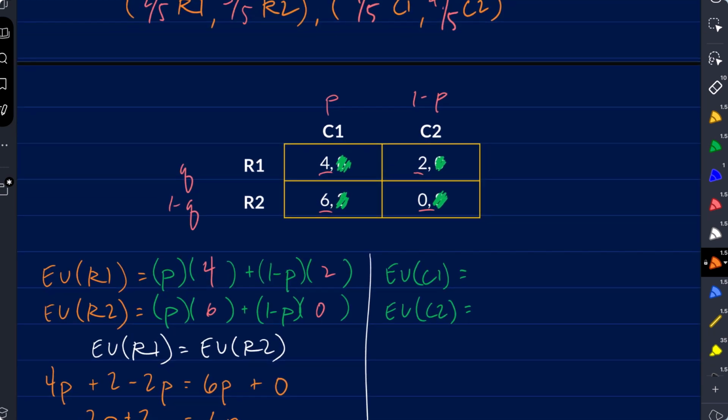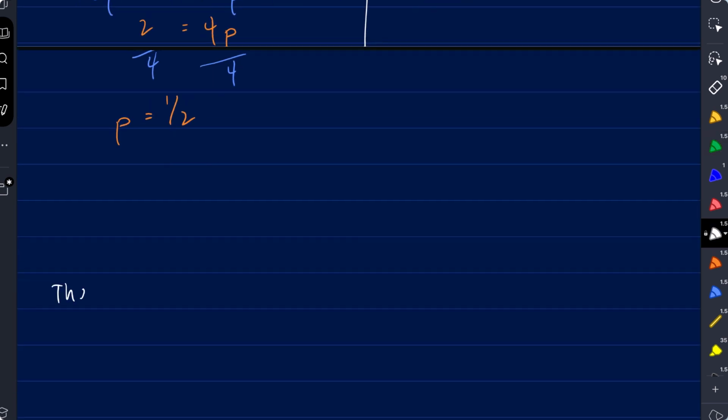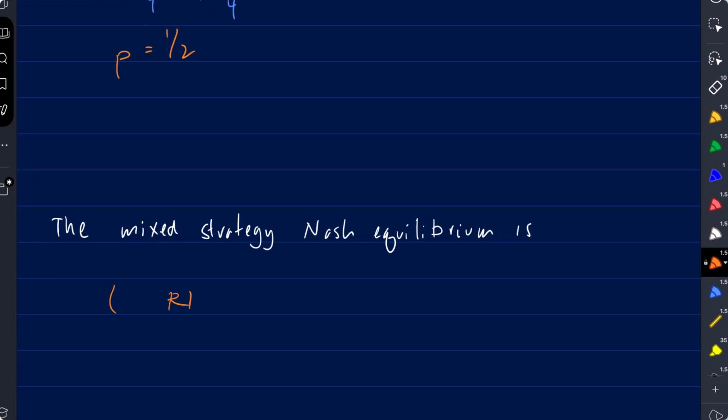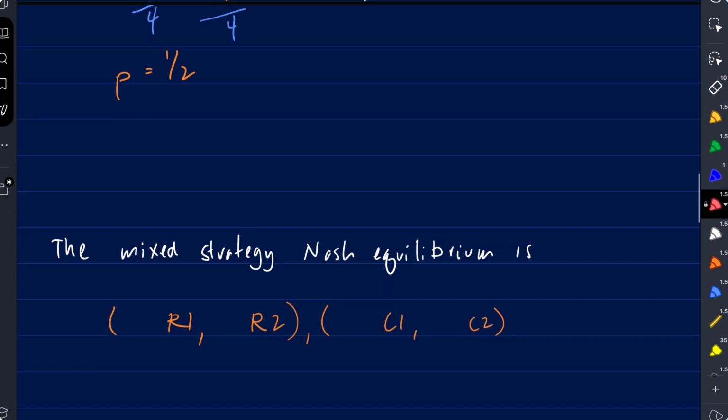Okay, so player 2 wants to play C1 1/2 of the time and C2 1/2 of the time. Okay, so 1/2 C1, 1/2 C2.